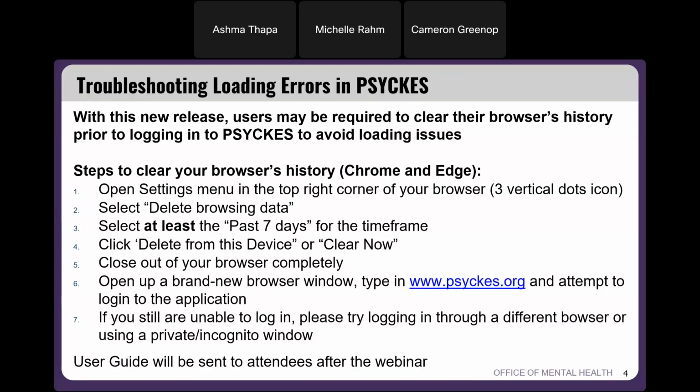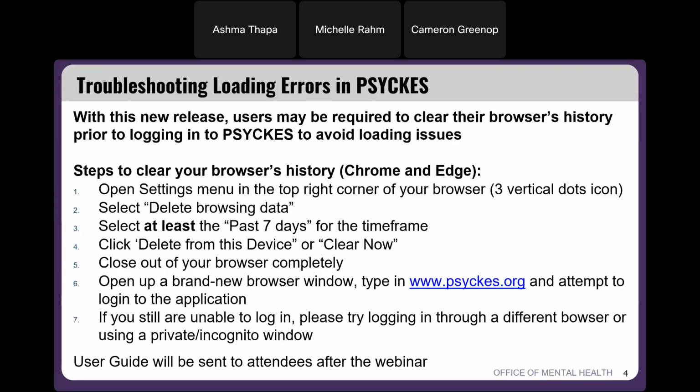You would open the settings menu in the top right-hand corner of your browser, which should look like 3 vertical dots. And then you'd select delete browsing data. And here you want to make sure you select at least deleting data from the past 7 days as the time frame. You could do all time, 30 days, but you just want to make sure it's at least within the past 7 days. And then click delete from this device or clear now.